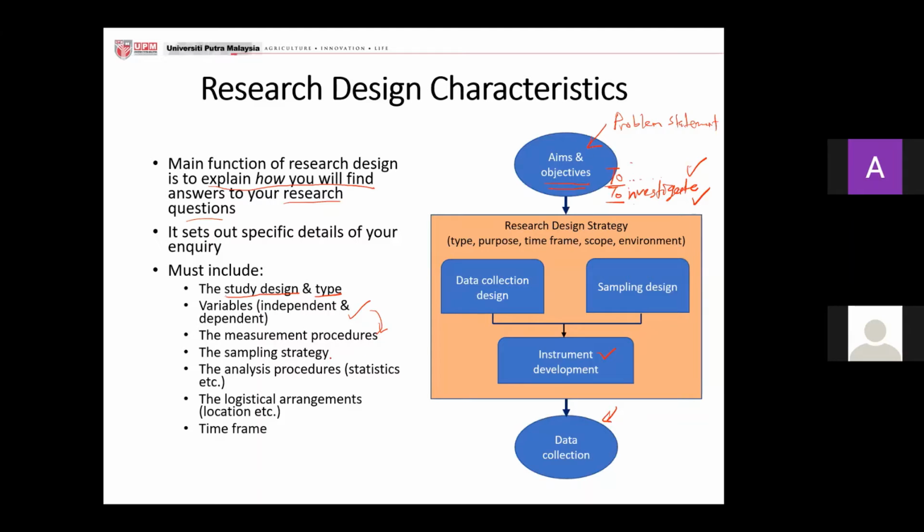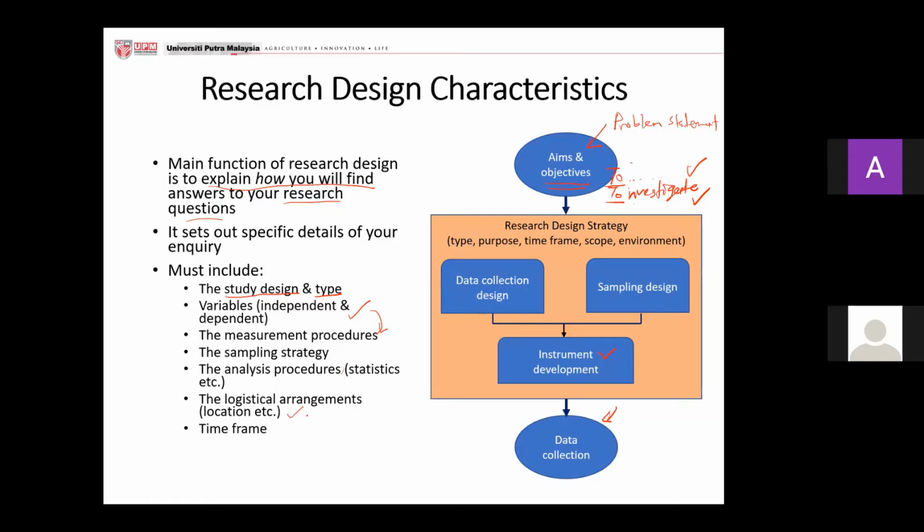Sampling strategy: just now I mentioned about population, how you are going to start sampling. Once you collect your data, how you want to analyze it. And of course, these should also be included: logistical arrangement.